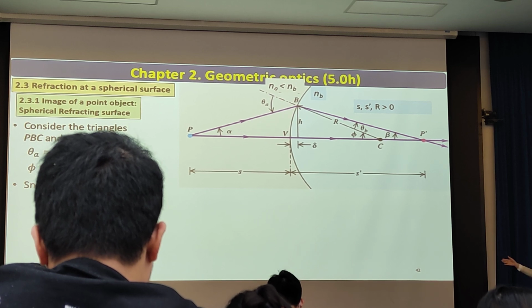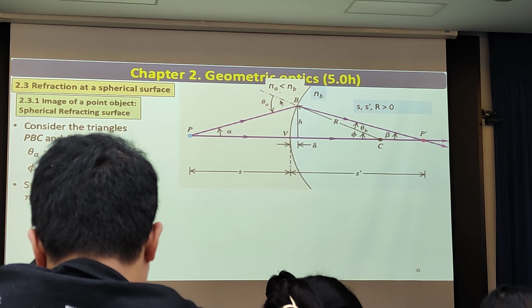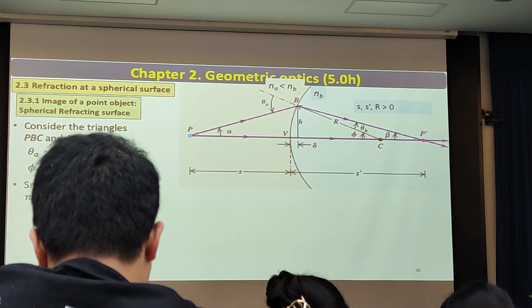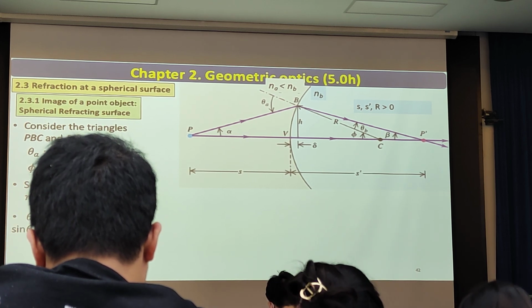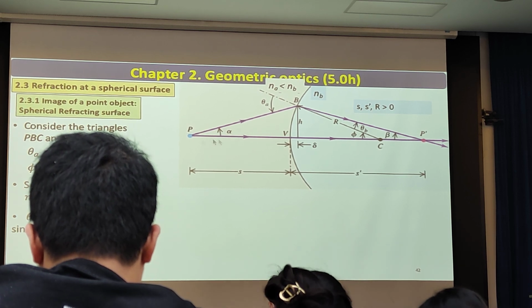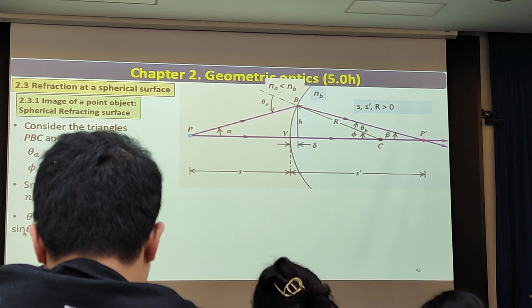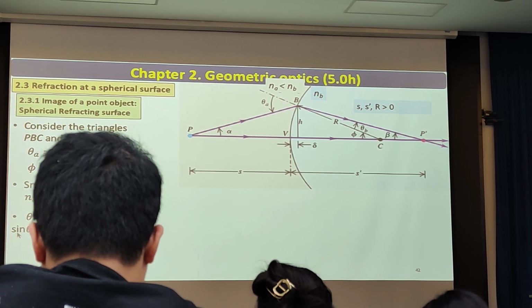Also, the Snell's law I just recalled here. You have NA times sine theta A equals NB times sine theta B. And we consider the case in which alpha, beta, and also theta, phi are also very small. So you have the approximation here.